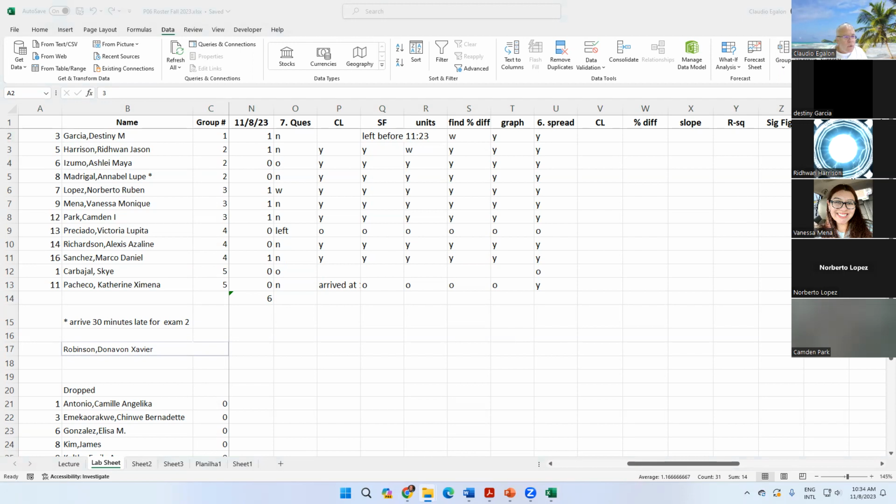Group number 2, group number 3, and group number 4. Only 3 groups today.